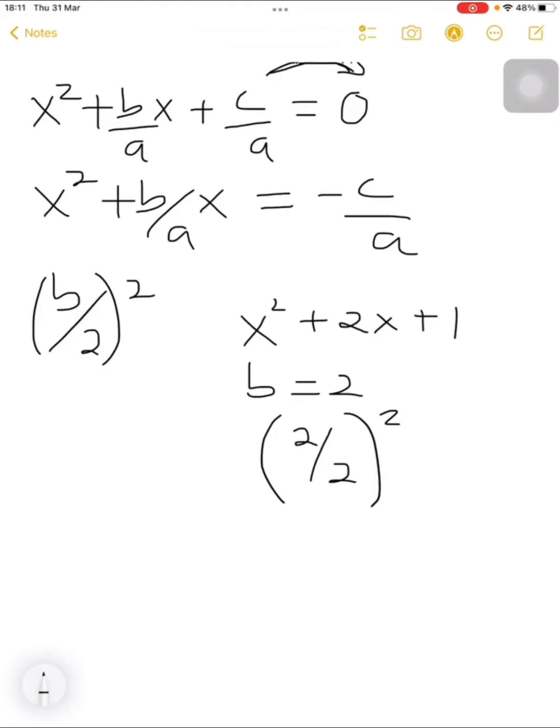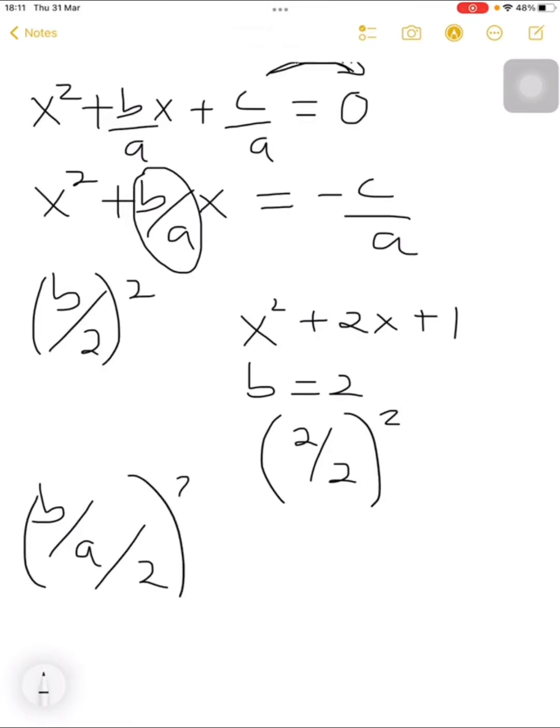But for this case, our value for b is all this, b over a. So we will add b all over a divided by 2, and then we square. Okay? And this is the same as b all over a divided by 2, all over 1, and then we can square.